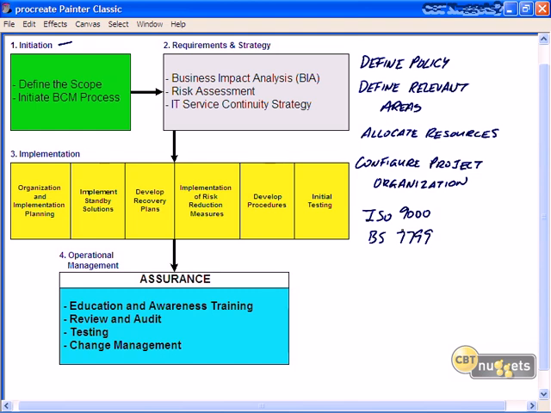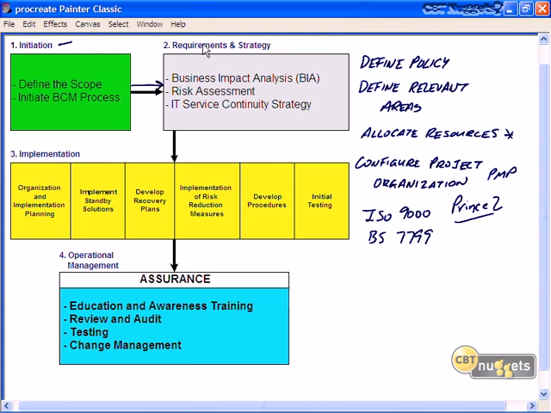These are open standards for general policy principles with approaches and methods for risk assessment and business impact analysis. Then you'll allocate the resources needed to initiate the BCM and then set up the project organization. This is formal project management using possibly a PMP or perhaps using planning software that uses what we call PRINCE2, a project management approach.